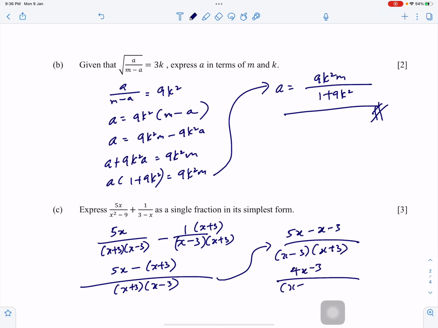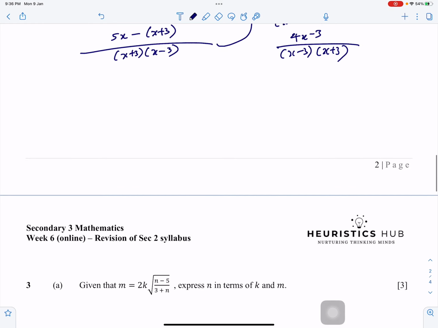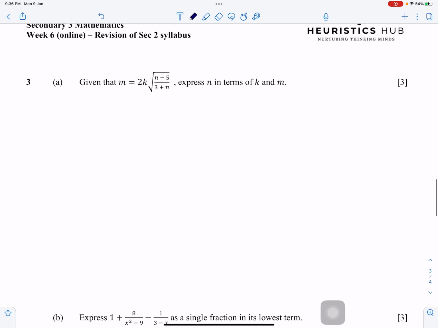And that's it. That's 2C. That's question number 3 over here.